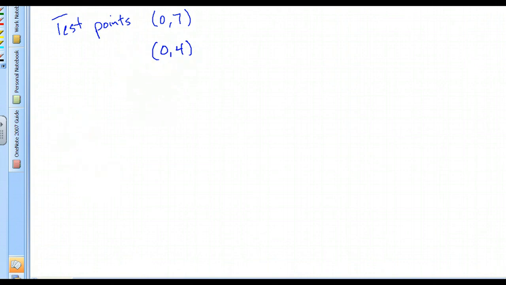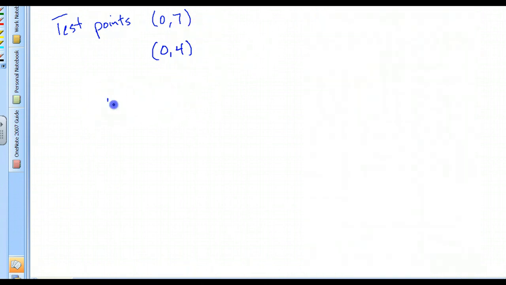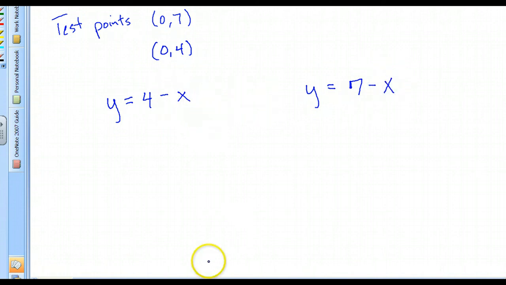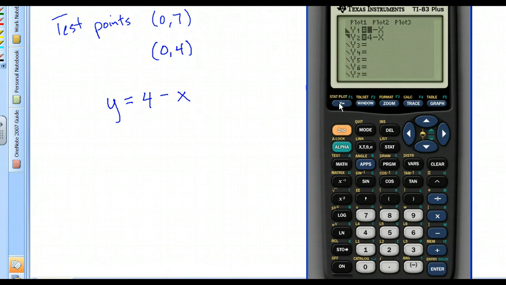Alright, and then I need to find these x-intercepts. Okay, so if I have y equals 4 minus x, and y equals 7 minus x. These are the two equations that I have. If you recall, this is what I've got stored in my y1 when I isolated the y's. 7 minus x and 4 minus x.